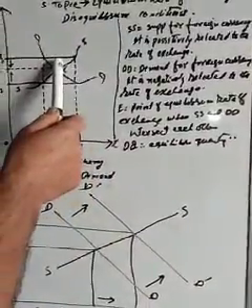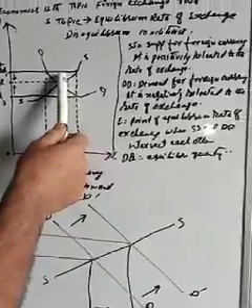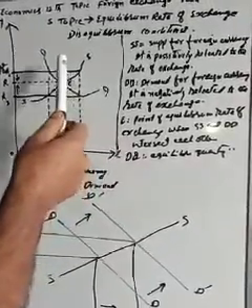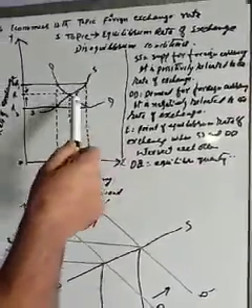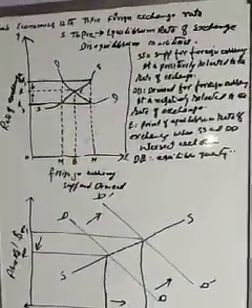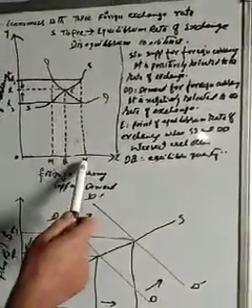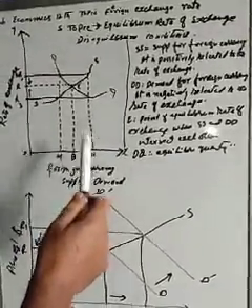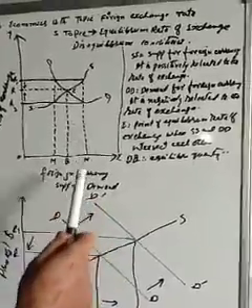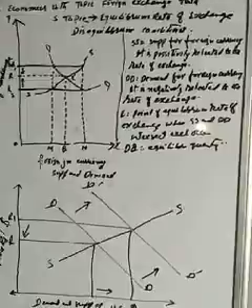This point E is the equilibrium rate of exchange, where the supply and demand curves intersect each other, and this OQ is the equilibrium quantity where supply and demand for foreign exchange are equal.